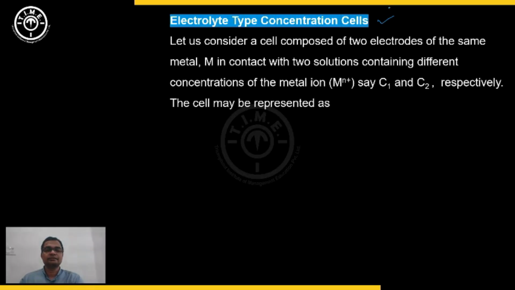Okay, next. How the Nernst equation is applicable for electrolyte type concentration cells. See this one. This is a general electrolyte type concentration cell. Two metal electrodes I have taken, both are the same electrodes, but the electrolytes are at different concentrations, C1 and C2. Therefore, this cell is called an electrolyte type concentration cell.